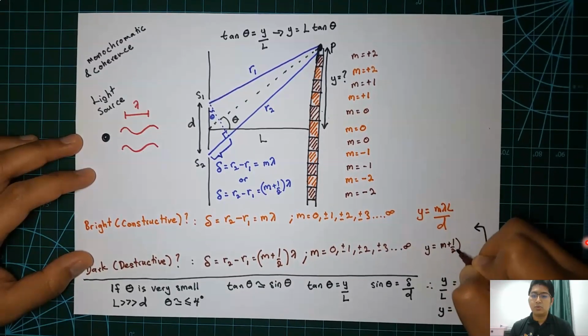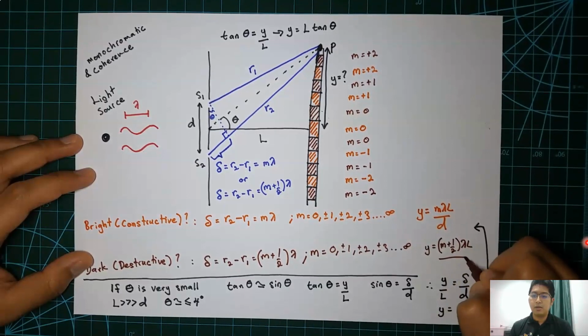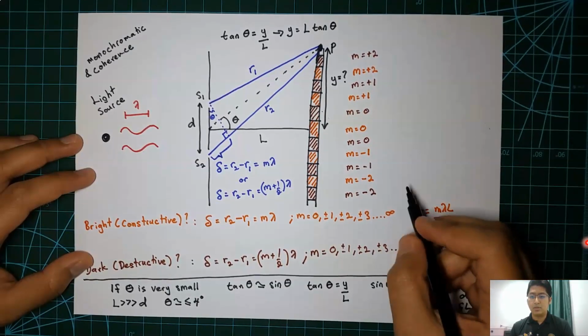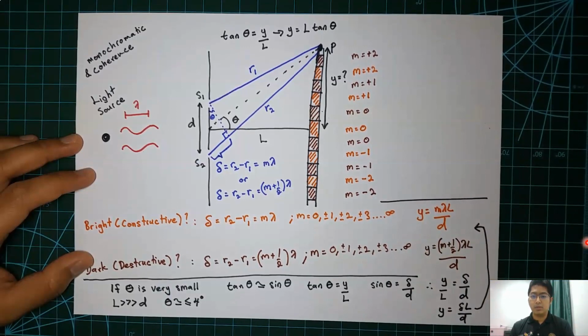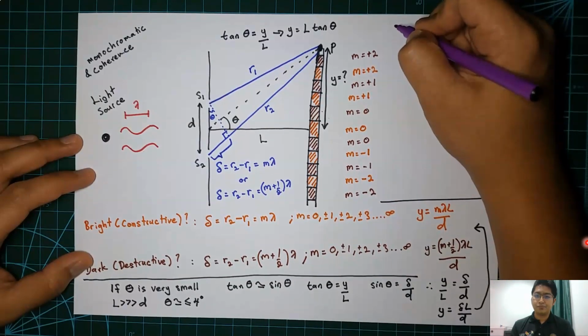For the dark fringe, y equals m plus half times lambda times L divided by d, with the same condition as before: m equals 0, plus or minus 1, plus or minus 2, plus or minus 3, for both bright and dark fringes.